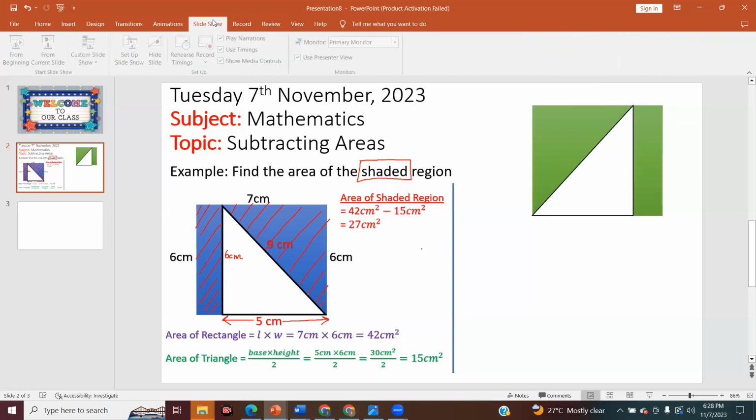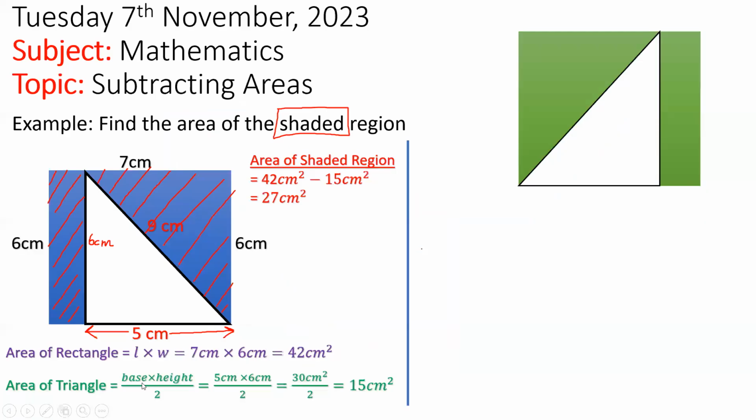So let's say that this side is 8 meters. Let's say that this side is 9 meters. And then this side is also 9 meters.